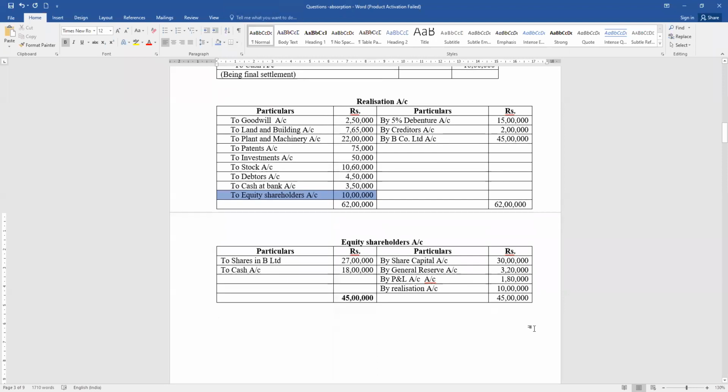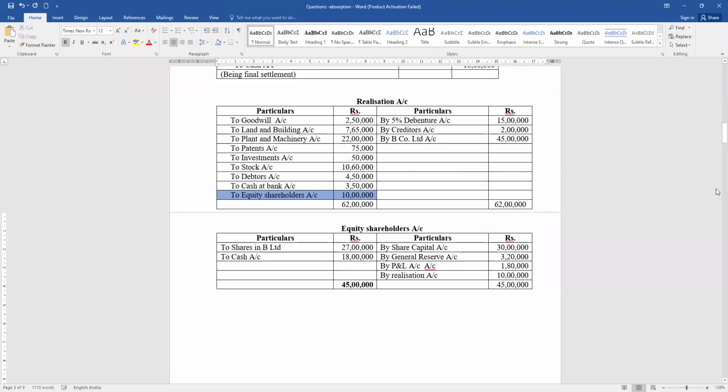Not only this: in the amalgamation, if you prepare these 2 accounts, they are enough. But in the absorption, you have to prepare 2 more accounts extra, if nothing is told. In the amalgamation, only these 2 ledgers are enough.